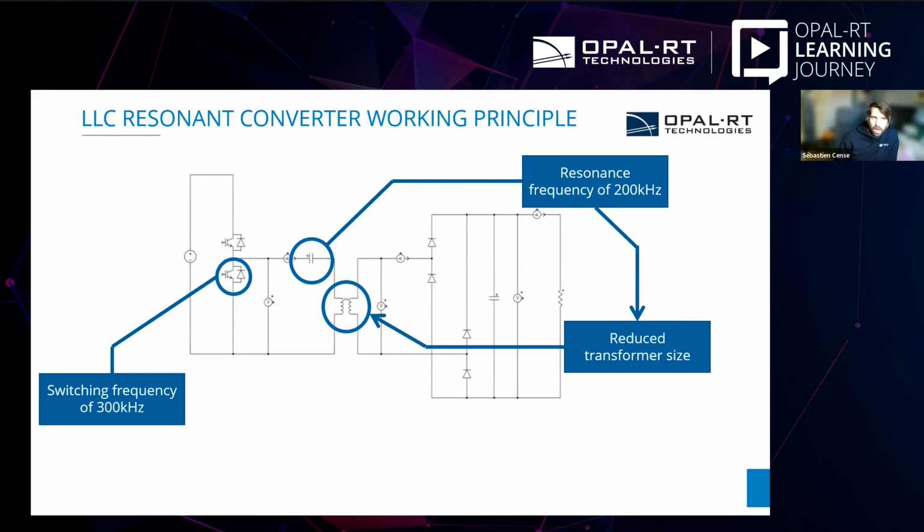And the reason why we have such a high frequency in that converter is that we can reduce the transformer size. As I said before, integration and size of the OBC is key for customers in this kind of application. So by having such high frequency, we can reduce the transformer size and have a very compact and very efficient design.